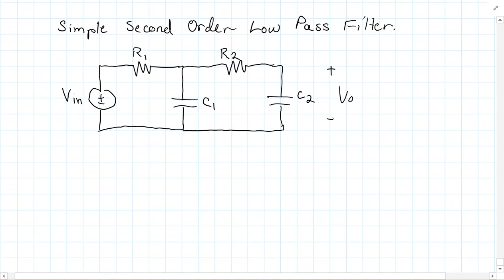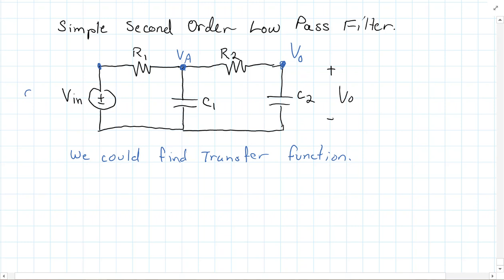Now we could find the transfer function, and it's not the end of the world to do it. If we did that, we would say, oh wait, I have a voltage here that's unknown, and then this is my output voltage, and of course we're going to use a delta function as an input so that the output is just equal to our transfer function.